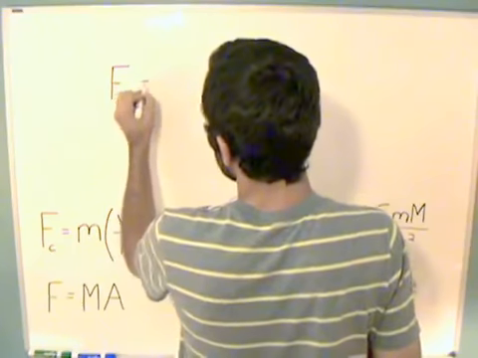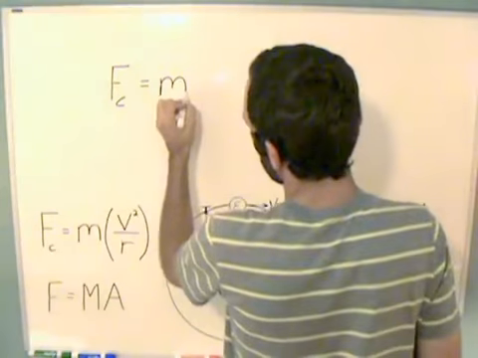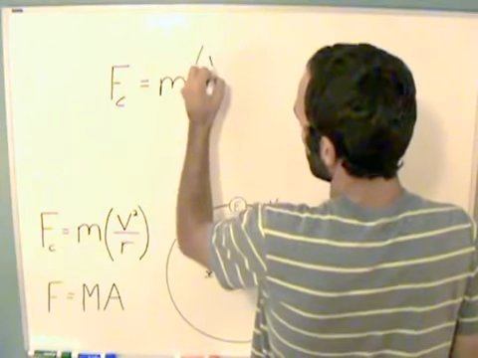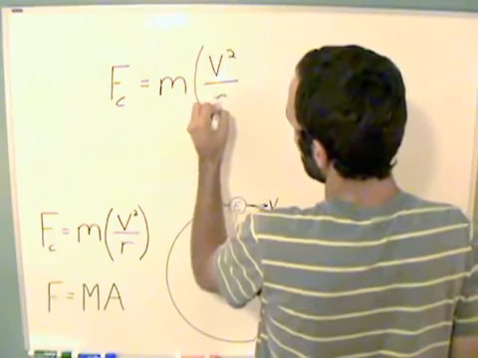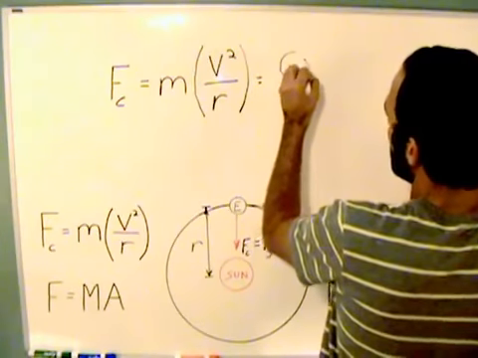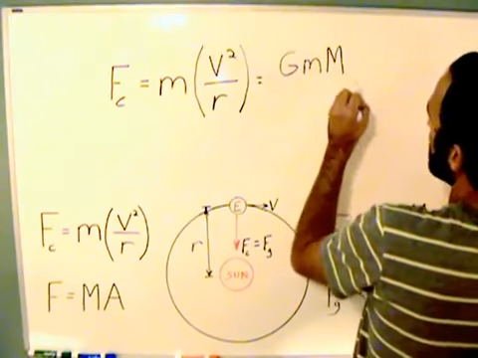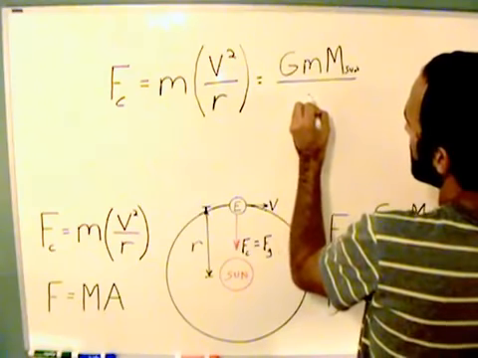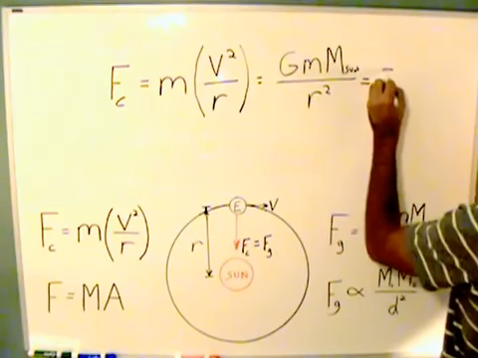Fc is equal to the mass of the object orbiting the Sun, which we still have as the Earth here, or Jupiter, or Mars, or whatever you want it to be, times the velocity of that planet, or wandering star, divided by the distance from the Sun, is equal to the gravitational constant times the little m, which is the mass of Jupiter or Mars or Earth or whatever, times big M, which is the mass of the Sun, divided by the distance that object is from the Sun squared, and that's equal to the force of gravity.